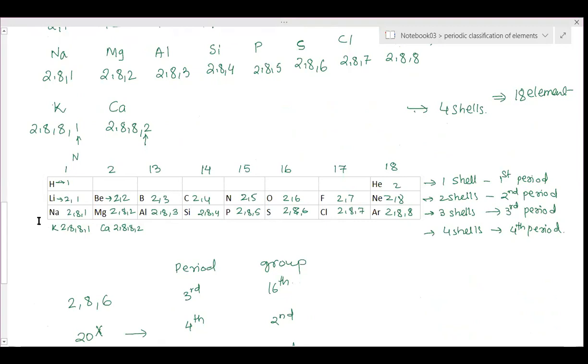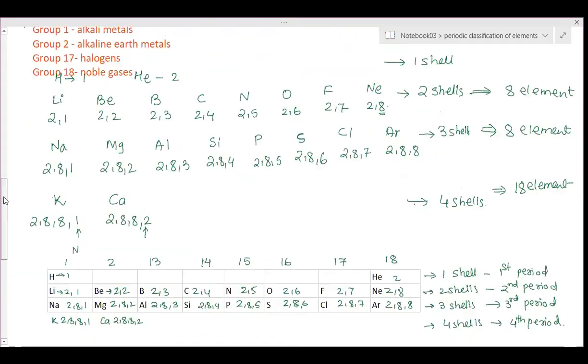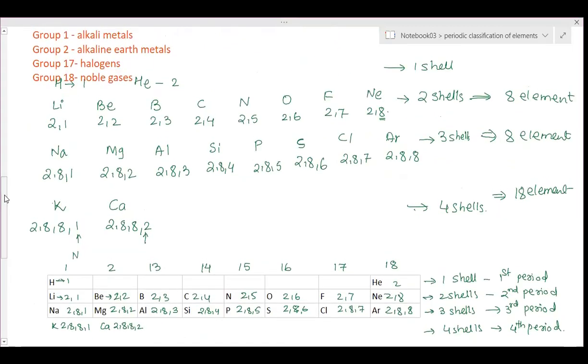Ma'am, I'll write that part. Ma'am, should we write these electronic configurations also? This one is not needed here, only the table form. Ma'am, I didn't have the second table.